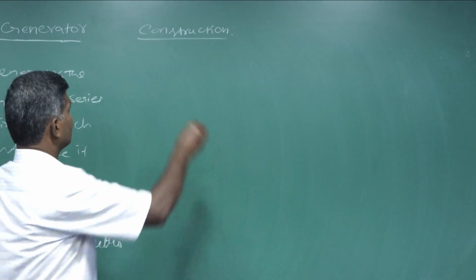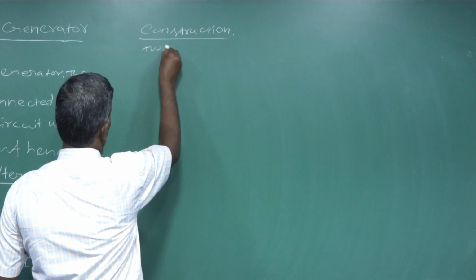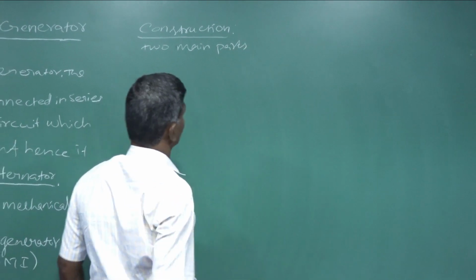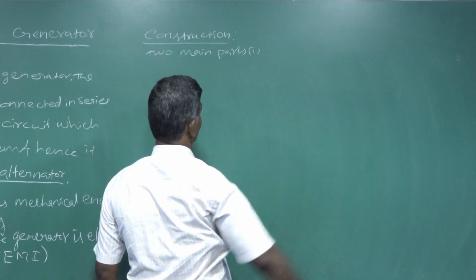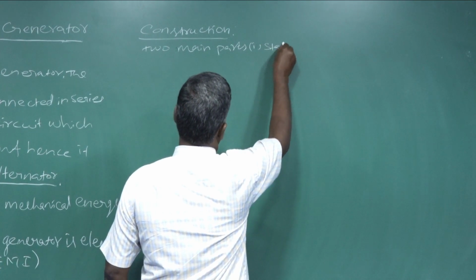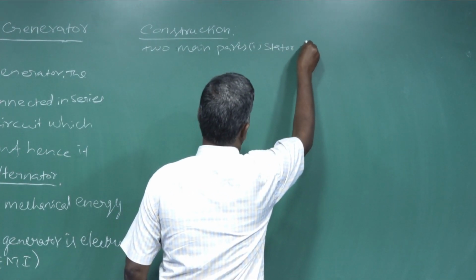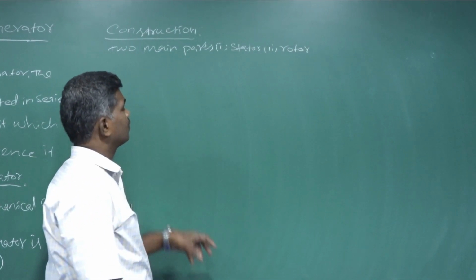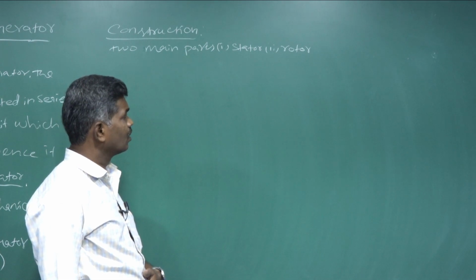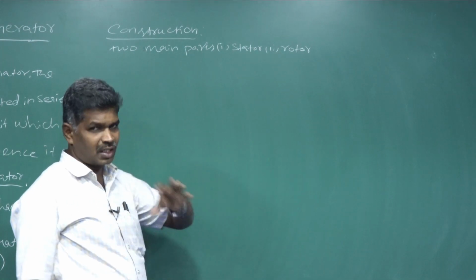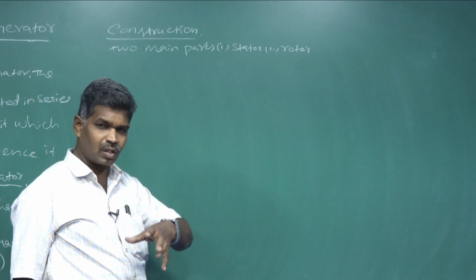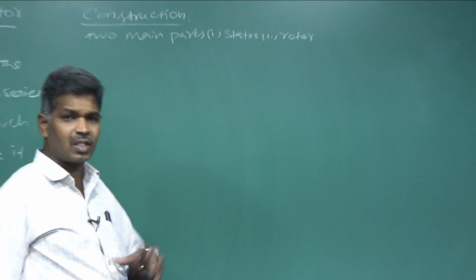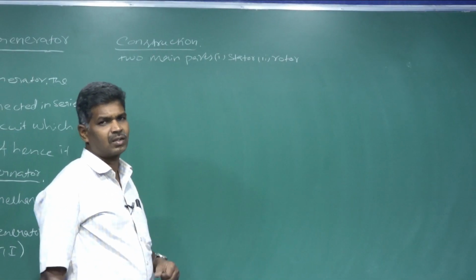In that construction, we have two main parts. One is the stator, second one is the rotor. The main parts in our single phase AC generator are the stator, which is static during the whole function of the device, and the rotor, which is rotating to function this generator.